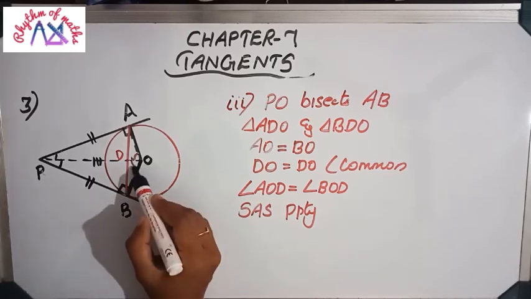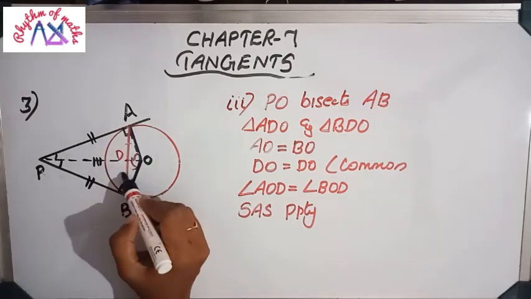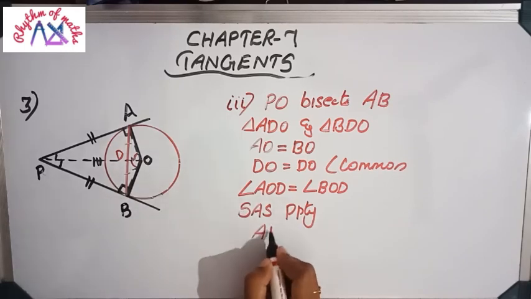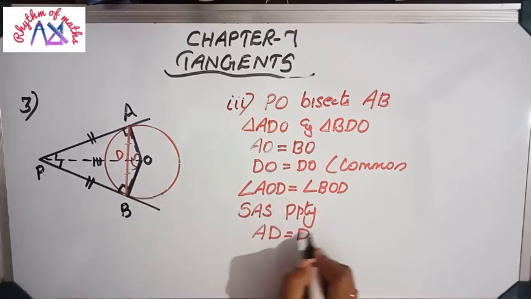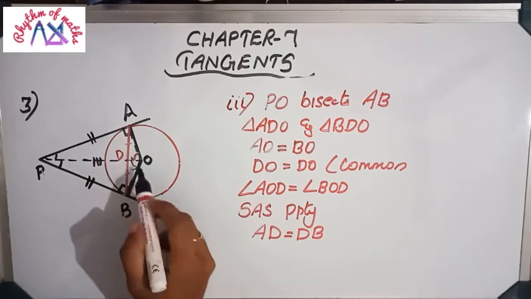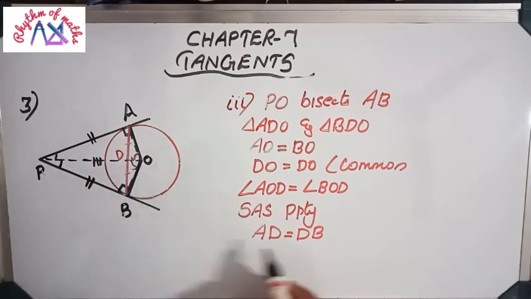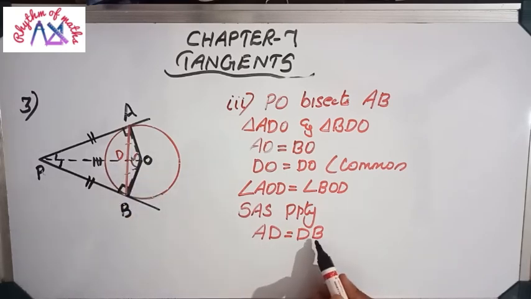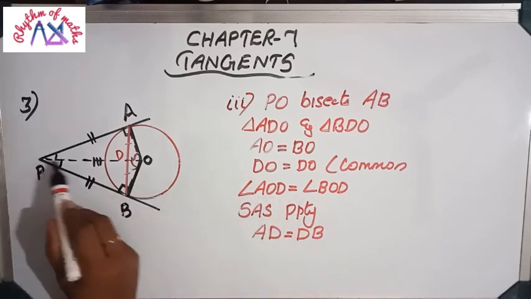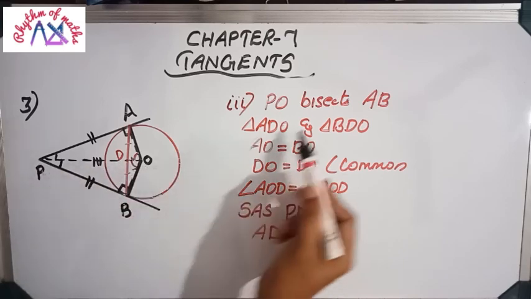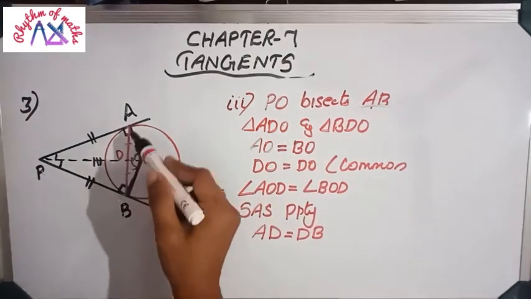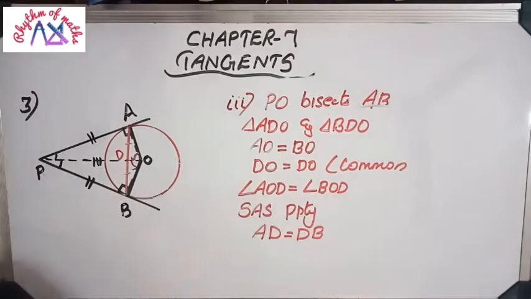That means AD equals DB. That means we can say the line PO bisects the side AB. So this is the third sub question's proof, just by considering the equal triangle concept.